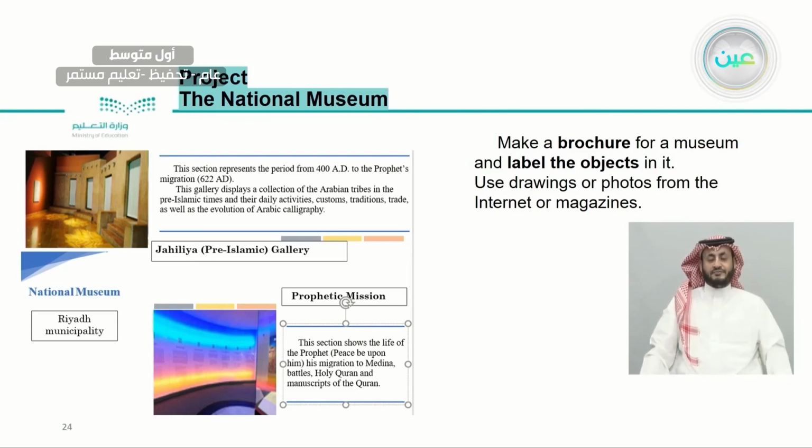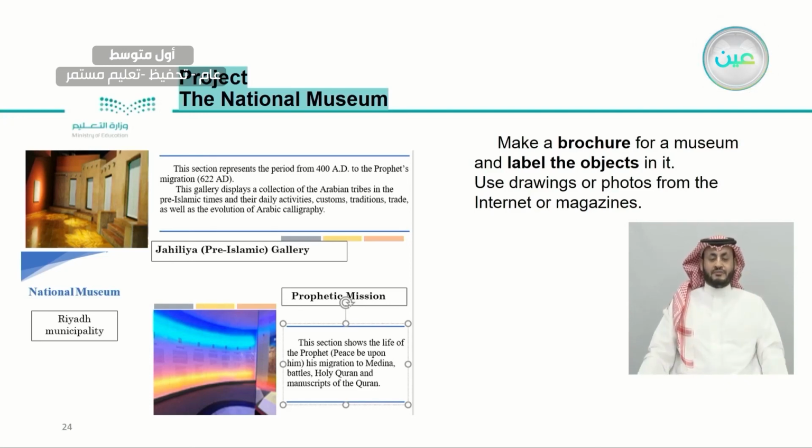This section represents the period from 400 AD to the Prophet's migration in 622 AD. This gallery displays a collection of the Arabian tribes in pre-Islamic times and their daily activities, customs, traditions, trade, as well as the evolution of Arabic calligraphy. This is very interesting to watch.